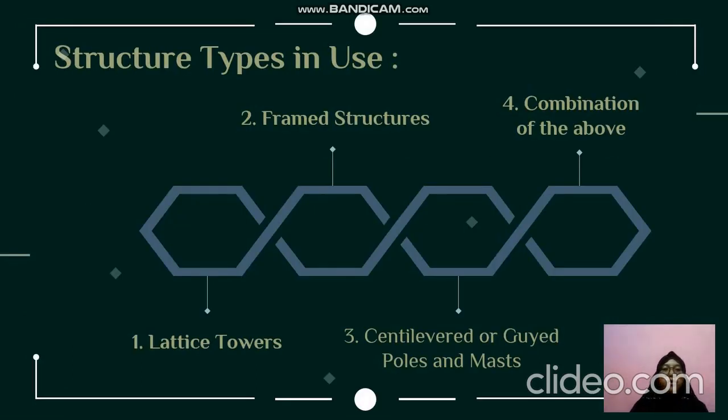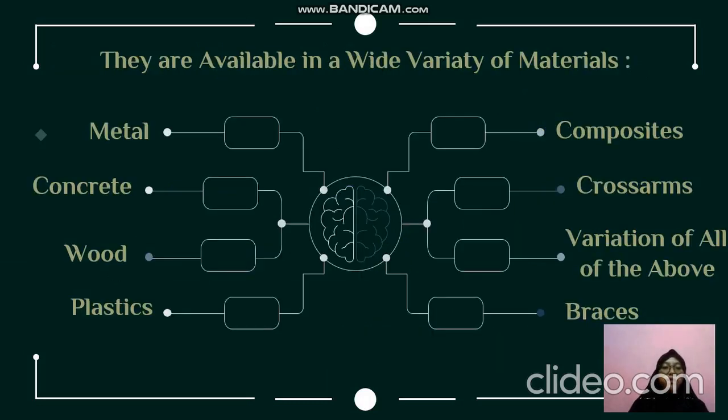The next, the structure types in use: number one, lattice towers; number two, frame structures; number three, cantilever or guyed poles and masts; and number four, combinations of the above.